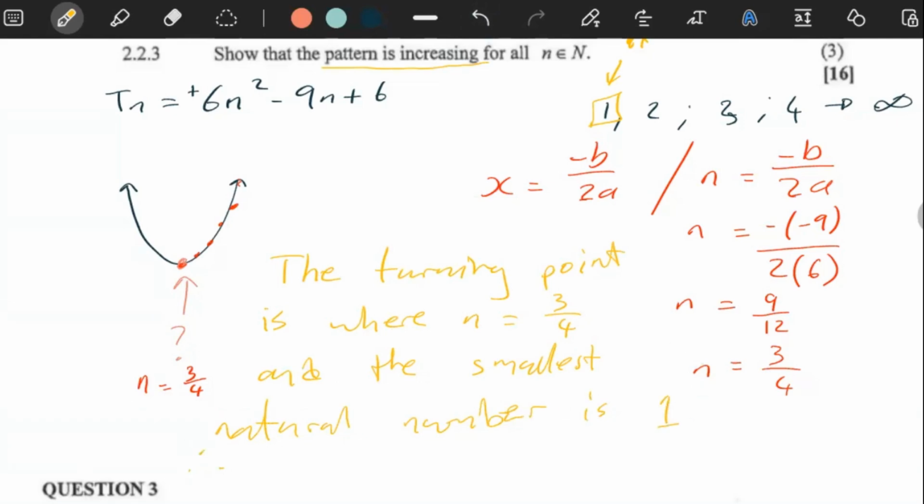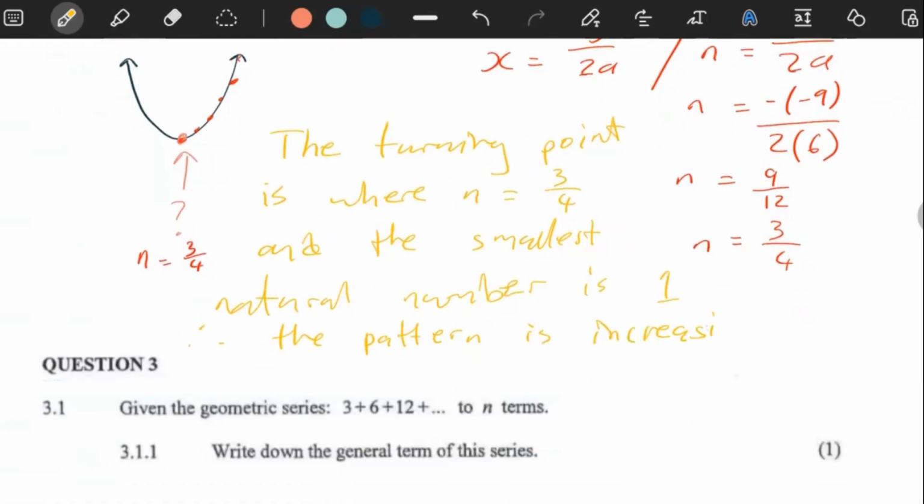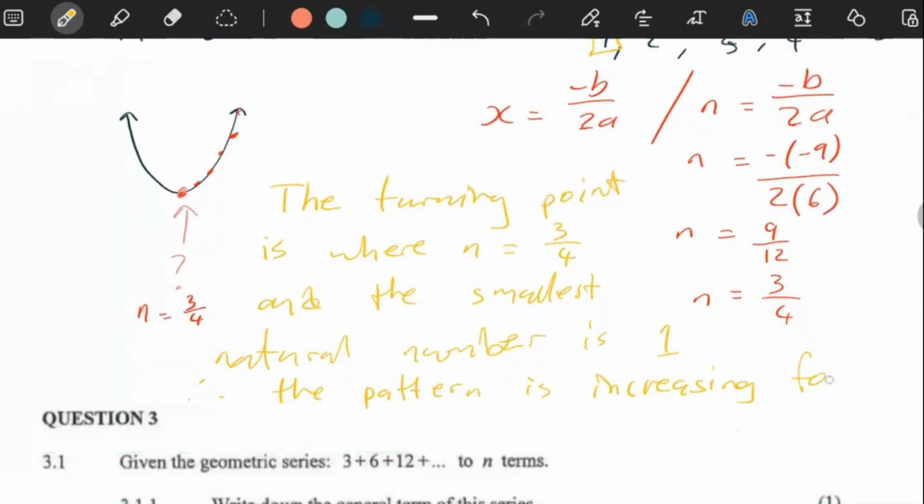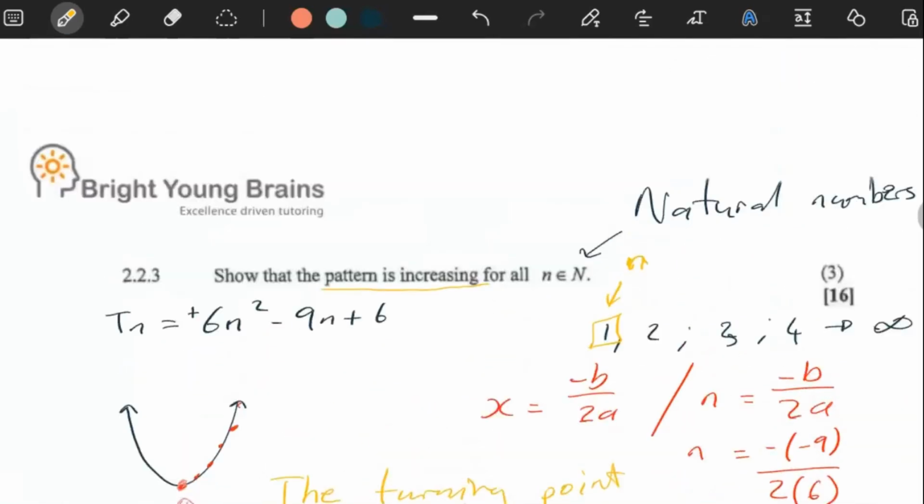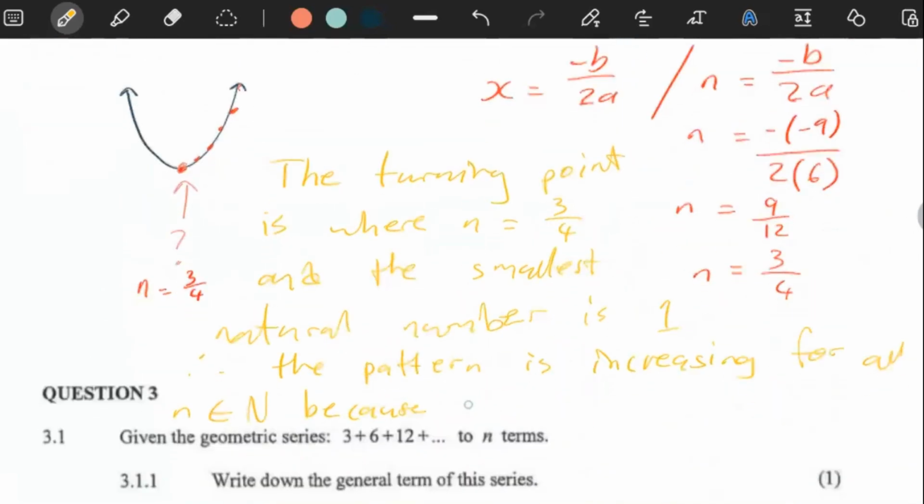Therefore, the pattern is increasing for all numbers where n is a natural number. And then here we can see, because our parabola is increasing.